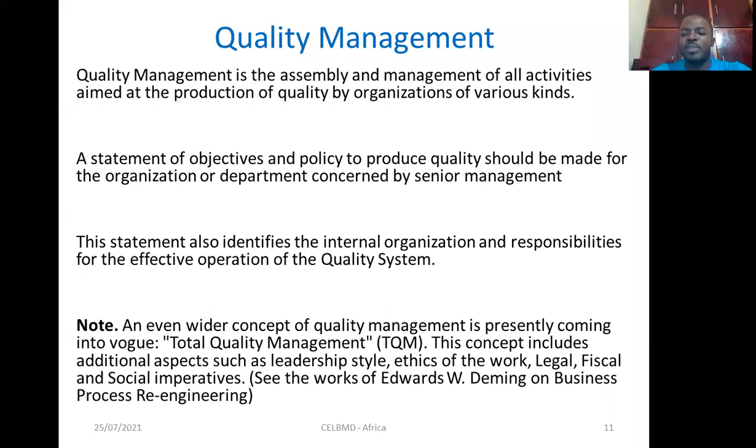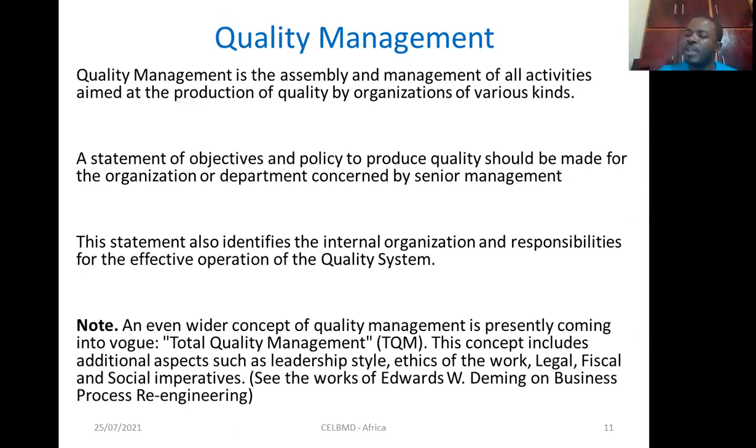Now, this statement also defines the responsibilities within the organization on how this quality can be delivered and how the system to deliver that quality should be managed effectively. Nowadays, organizations have moved beyond the delivery of quality services and products by the basic definition which we've shared a minute ago, to embrace the entire concept of total quality management, TQM.